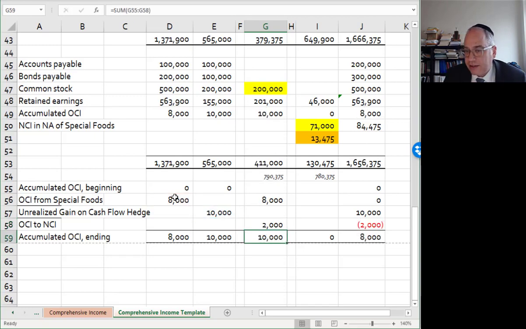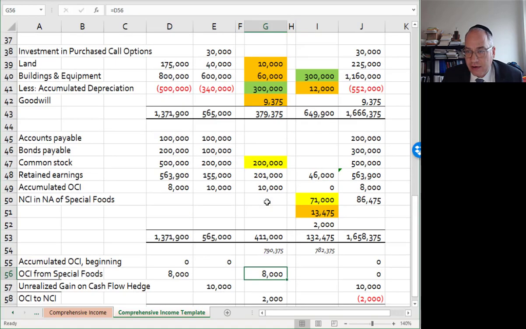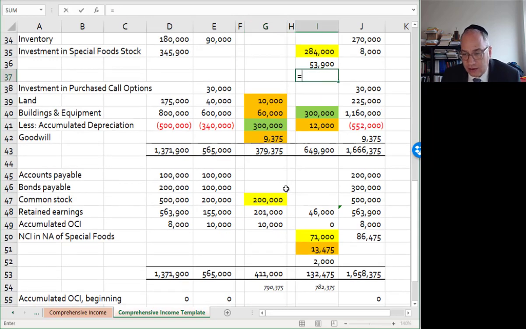Because of the $10,000, $8,000 belongs to the parent and $2,000 belongs to the sub. So I'm going to credit non-controlling interest in net assets of special foods for the $2,000 OCI that belongs to the sub, the non-controlling interest, and I'm going to credit this portion of it to the investment account for $8,000.